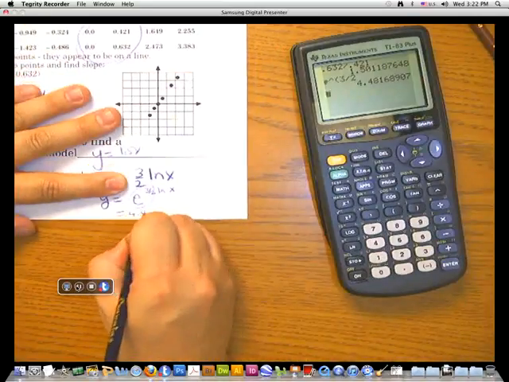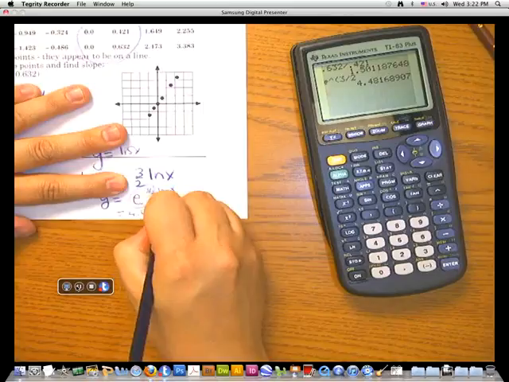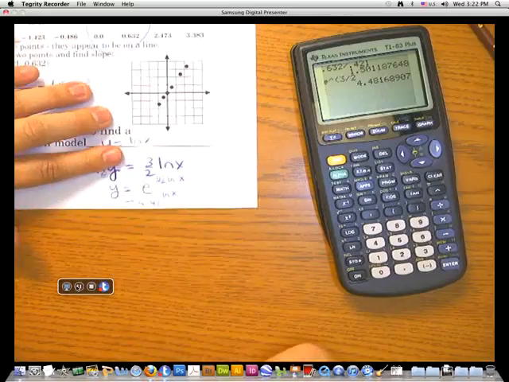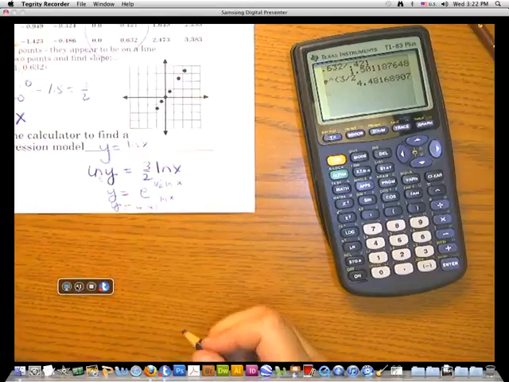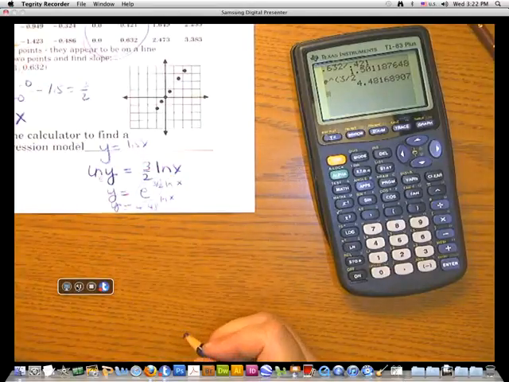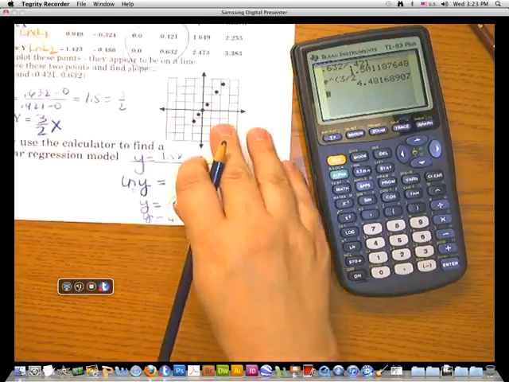So that's really 4.48 to the natural log of x equals y. And I can come up with those equations.